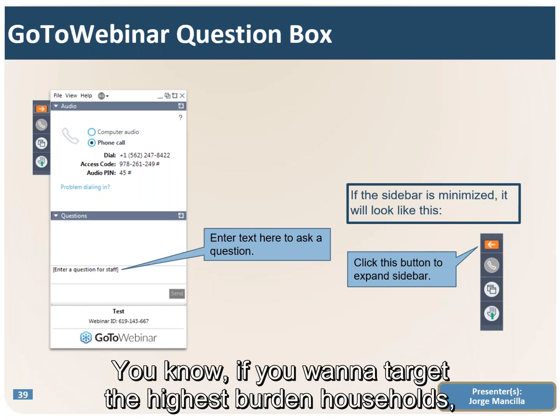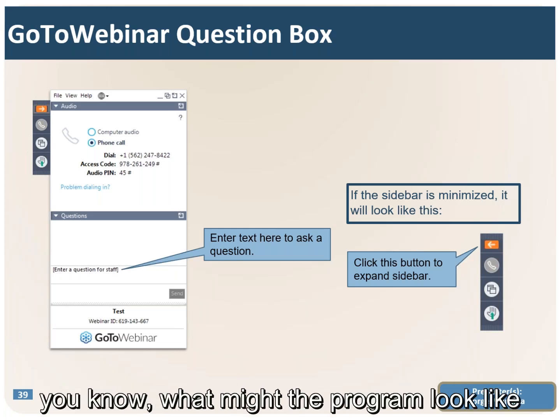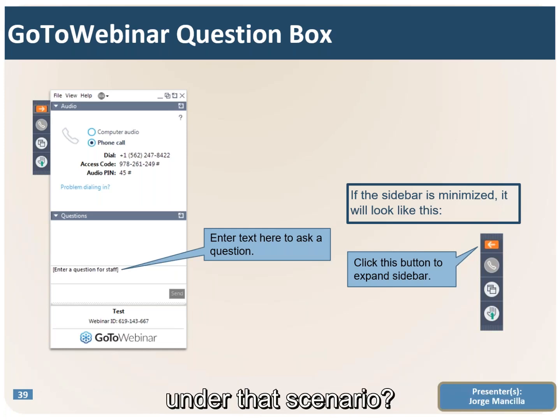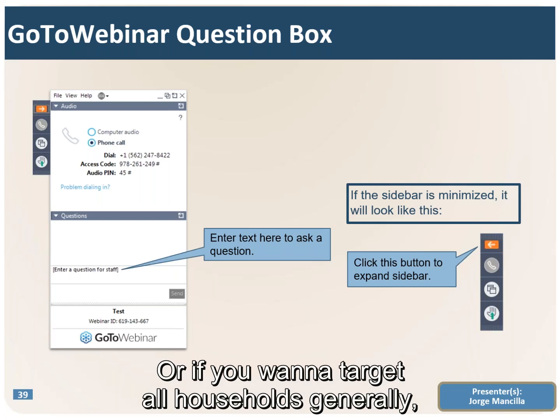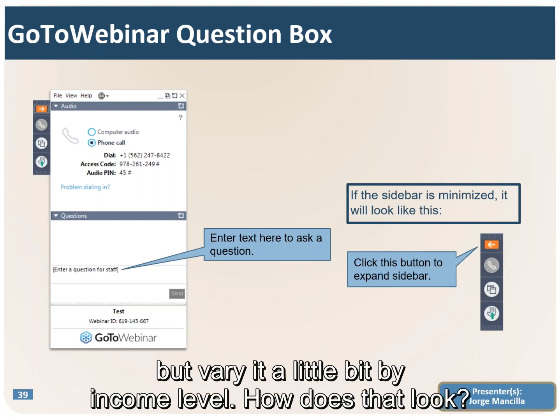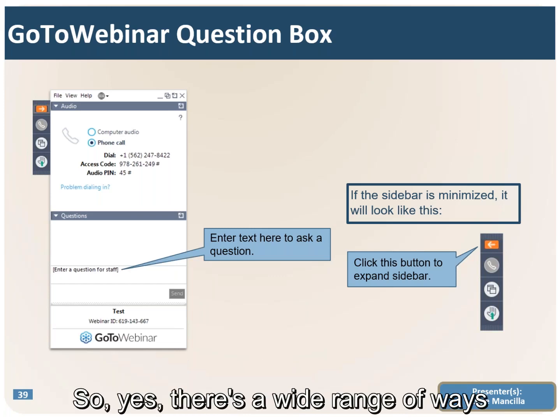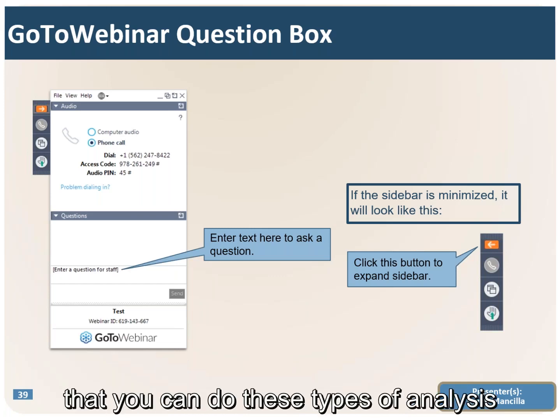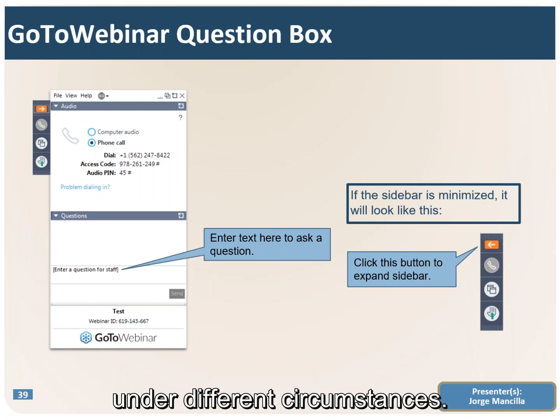If you want to target the highest burden households, what might the program look like under that scenario? Or if you want to target all households generally, but varied a little bit by income level, how does that look? So yes, there's a wide range of ways that you can do these types of analyses under different circumstances.